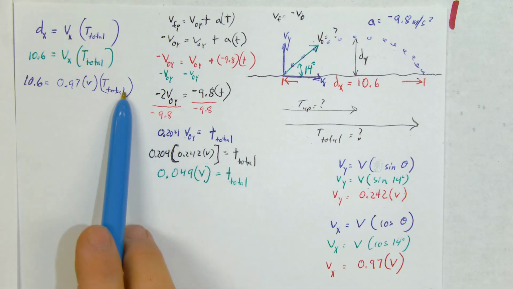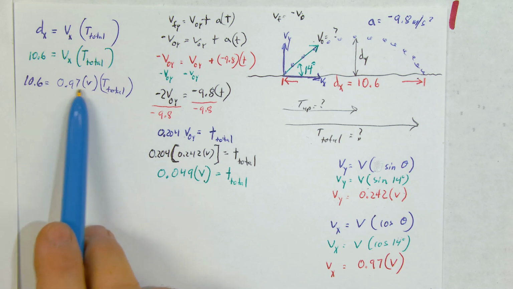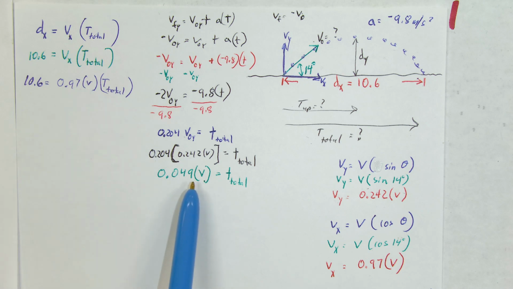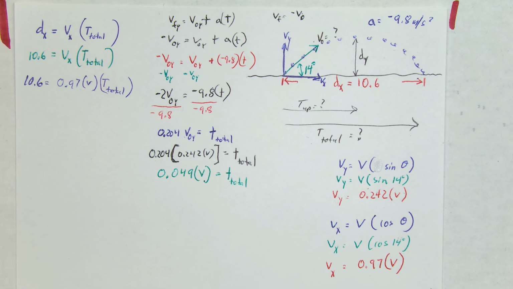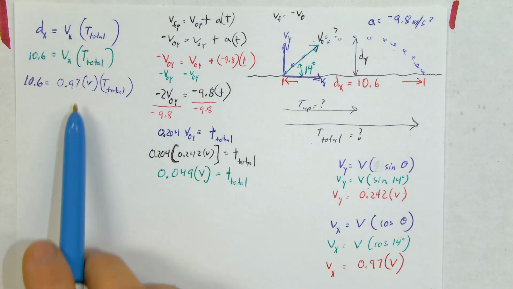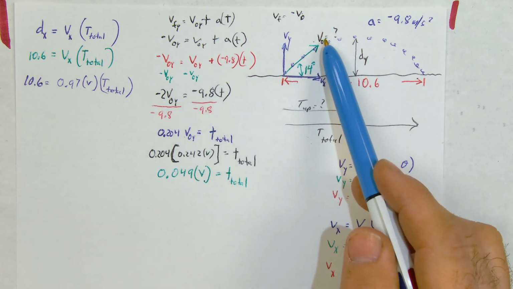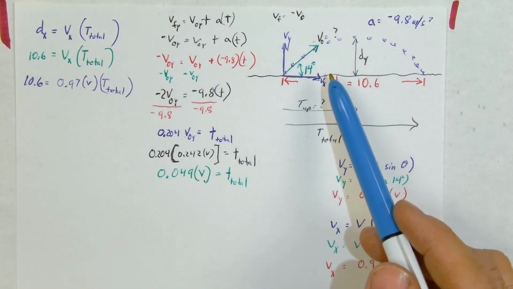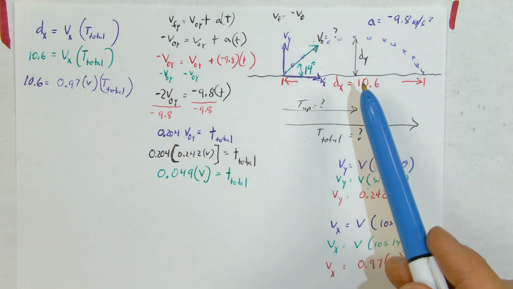Now we have like terms and like terms. We have two unknowns and two equations. We can do the classic substitute in again here, and we can solve for this to find time total. Actually, I think I'll just substitute in to find this original velocity, because once we have a velocity and an angle, we definitely know how to solve everything else about this.